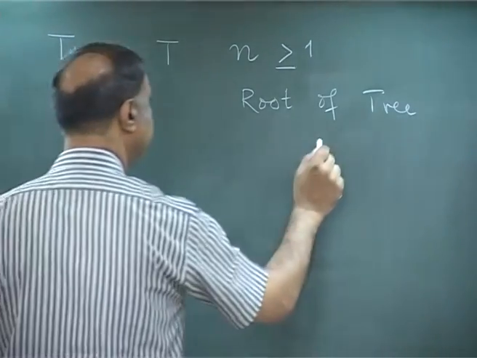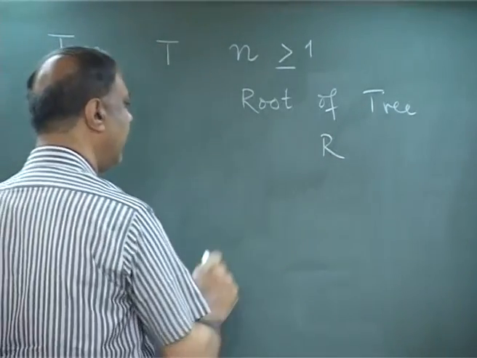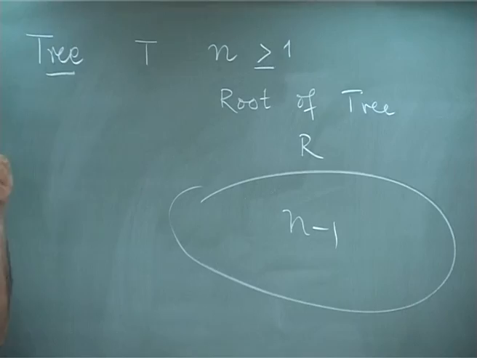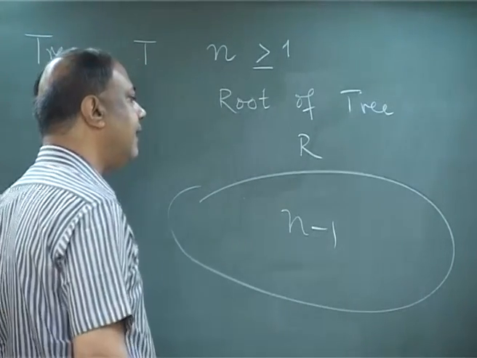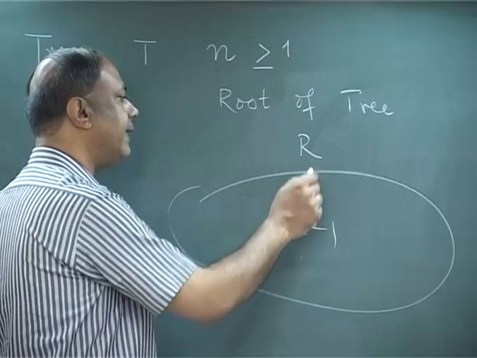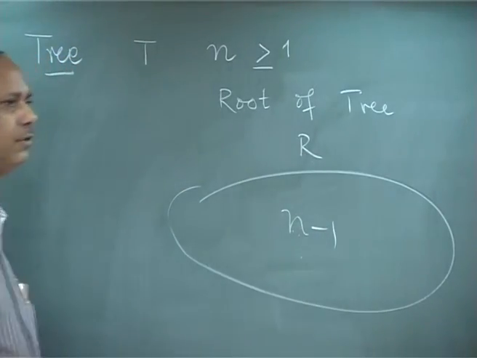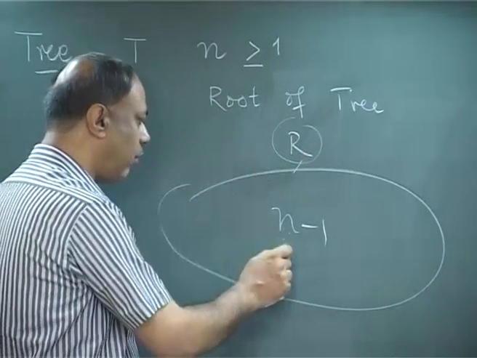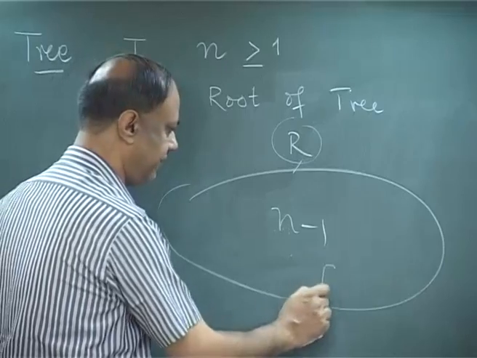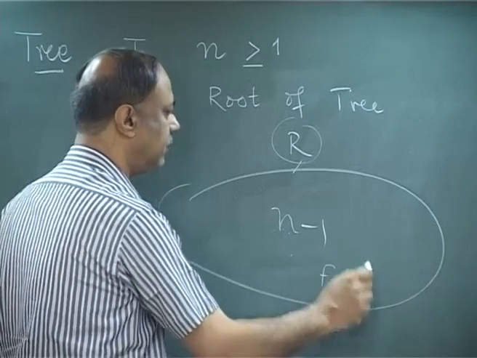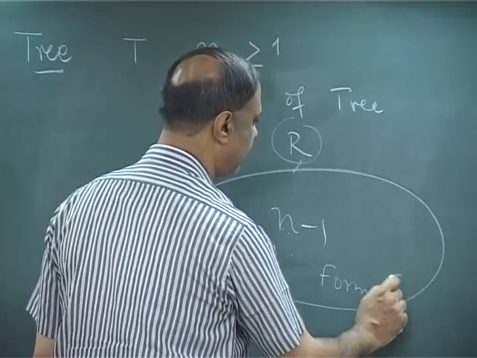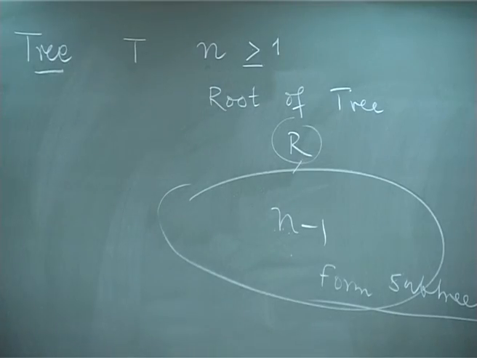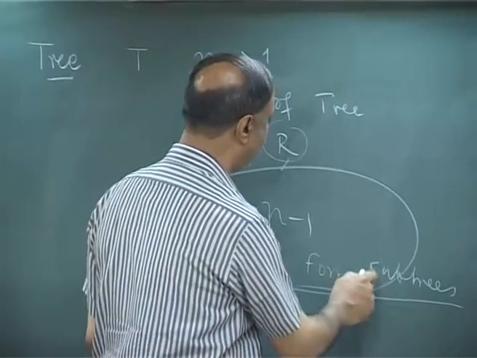And suppose this is the root, and you have the remaining n minus 1 nodes. They are connected to the root node R. And also these nodes form subtrees. Okay? These nodes form X or P subtrees.